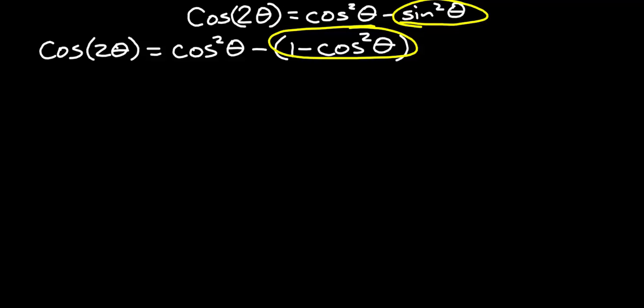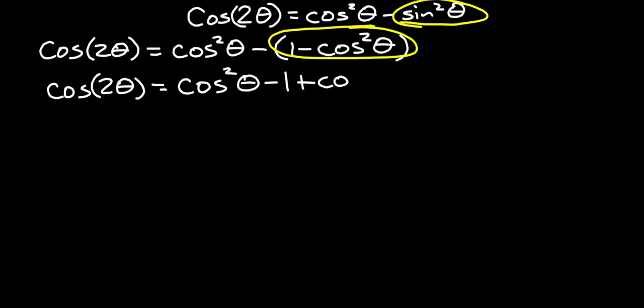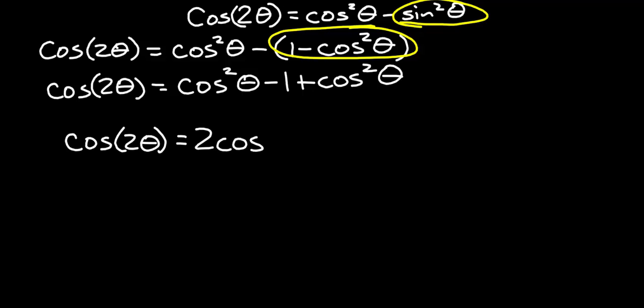And then I get that cosine 2 theta is equal to cosine squared theta minus 1 plus cosine squared theta. Yeah, just clearing the parentheses. Or another way to look at it is cosine 2 theta is equal to 2 cosine squared theta minus 1.